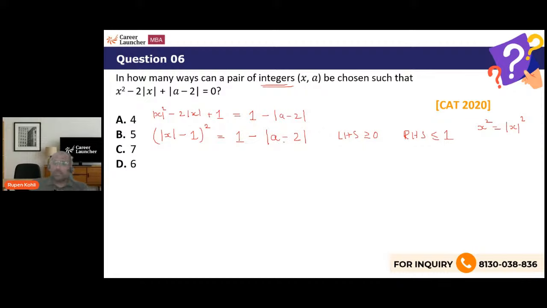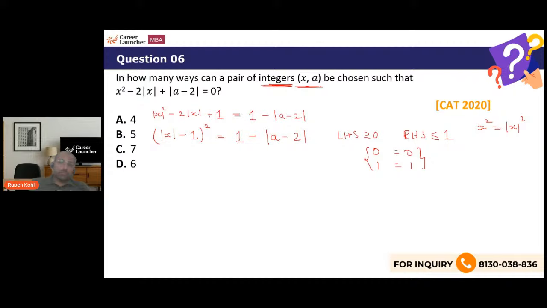So 1 minus something which is greater than or equal to 0 is always less than or equal to 1. How can the two be equal? And remember, the values should be integers, because both sides will be integers as long as x and a are integers. The only thing that can happen is either 0 equal to 0 or 1 equal to 1. There is no other possible way to satisfy both the LHS and the RHS equal to each other, isn't it?